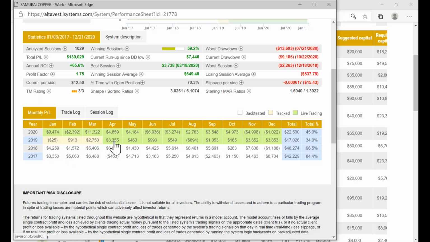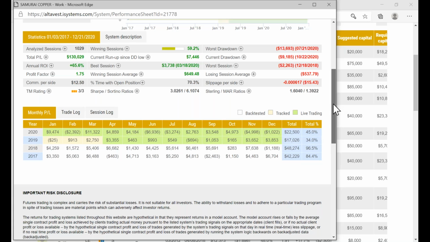And then you can see here, April, it turned green, and that's live trading. So people started trading this with real live money with their real live trading accounts. So since April, this is all live real money trading. You can see it's had a great month and year there in 2019. And you can see here in 2020, year to date, with the year almost over, doing very well again.